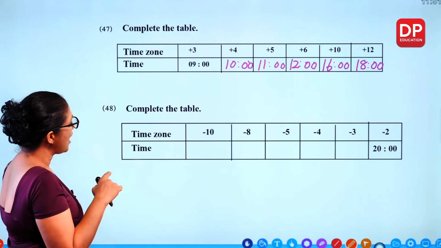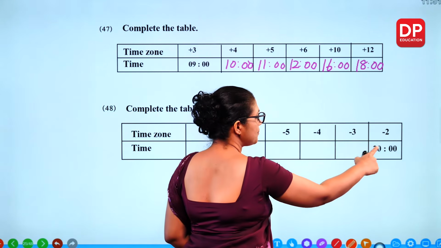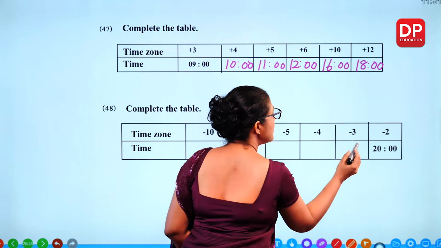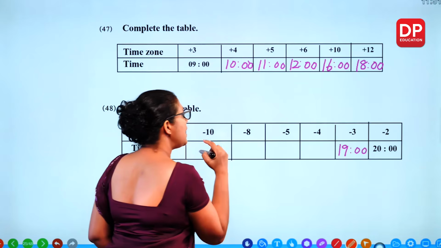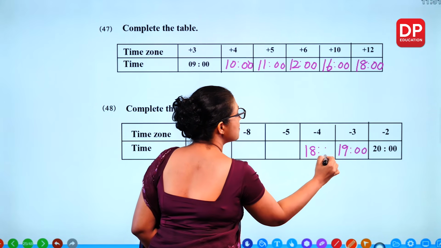Look at this one, time zone, negative. Negative 2 is given. So negative 3 means you subtract 1 hour. 20 minus 1, 19, 7 p.m. Another 1 subtracted, you get 6 p.m. here.